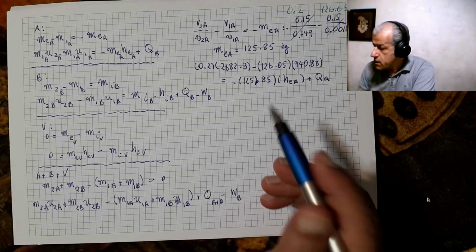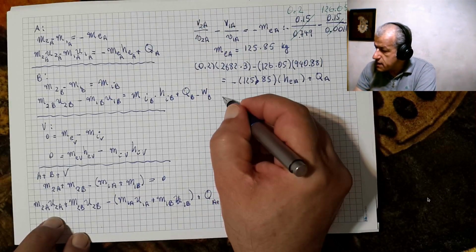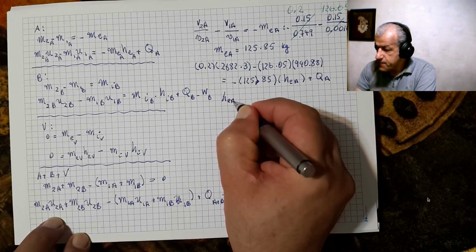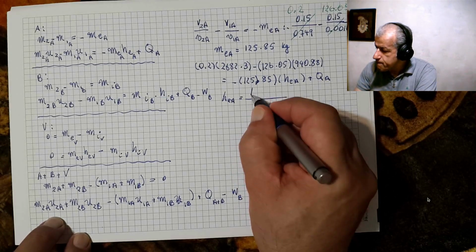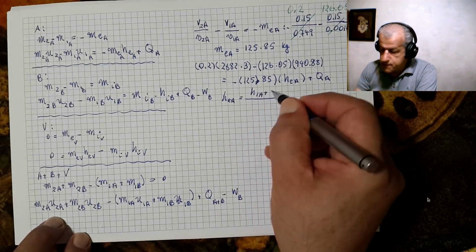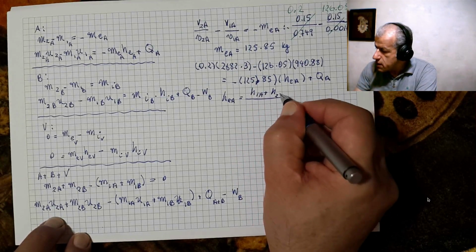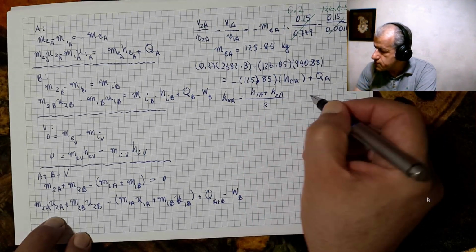So what I do is to calculate HEA as H1A plus H2A divided by 2.